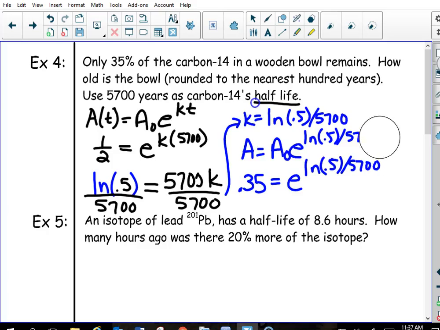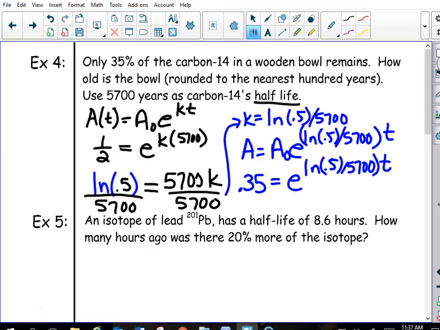I goofed because this is supposed to be ln of 0.5 divided by 5,700, and this whole thing gets multiplied by t. And the thing I'm solving for here is t. So when I take the natural log of both sides and then divide by this, I get t is equal to ln of 0.35 divided by, and again, we need parentheses when we're dividing by ln of 0.5 divided by 5,700.